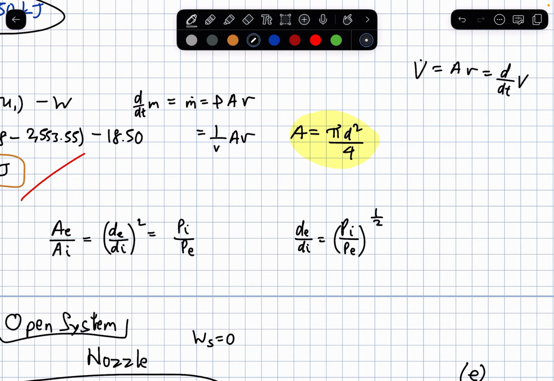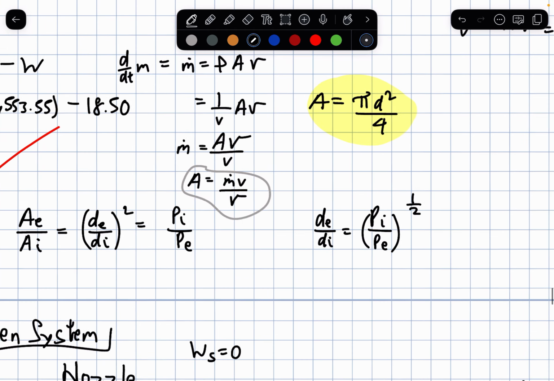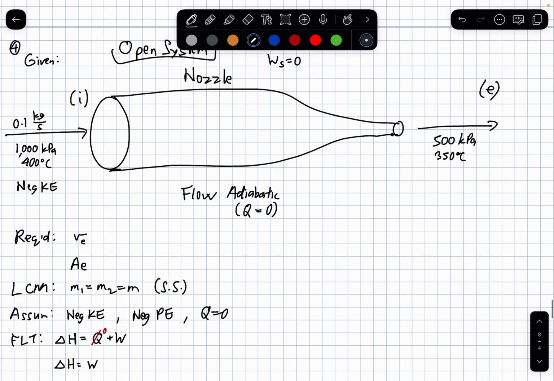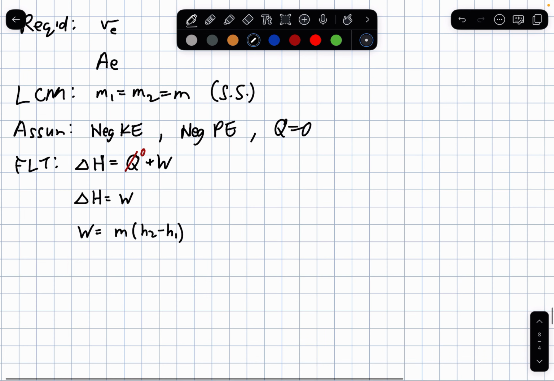Why would this be important? Yeah, so area. We'll go back to that later.